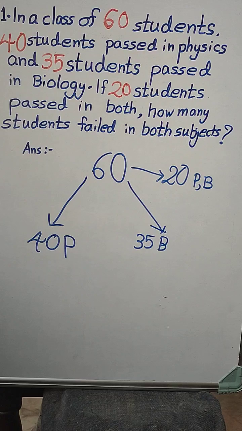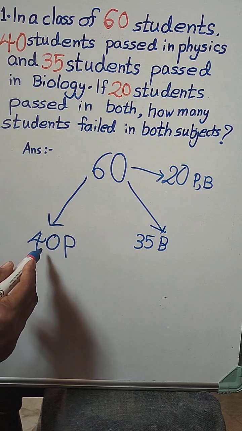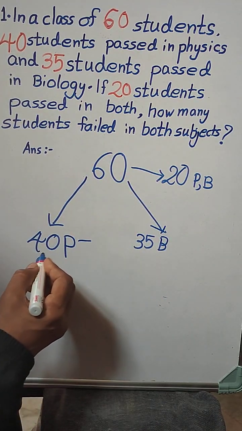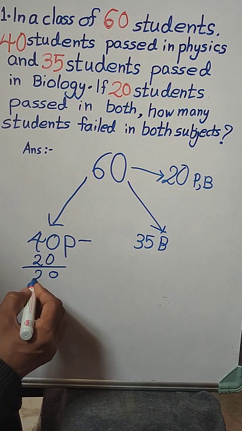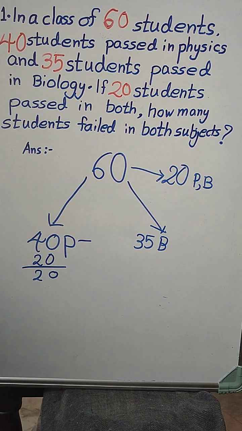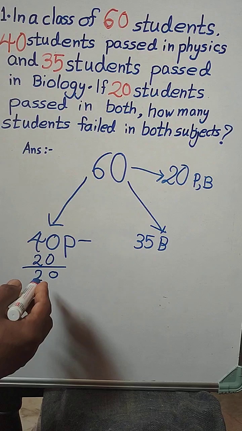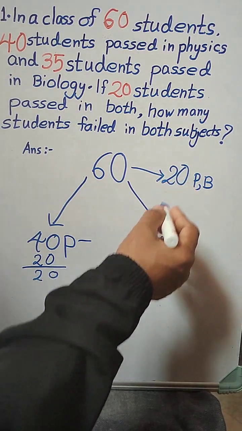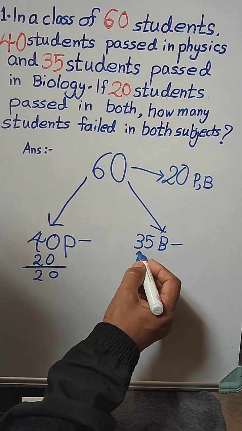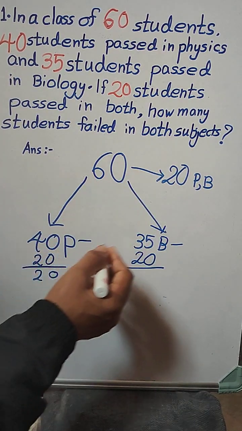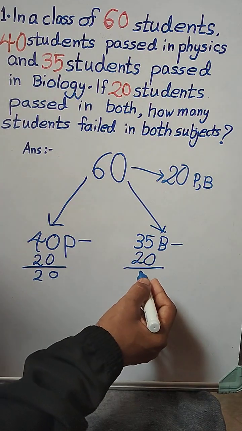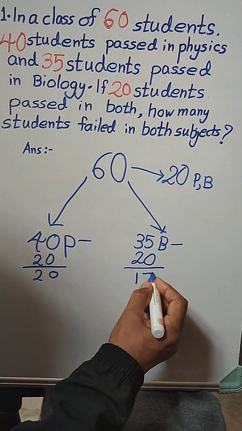Here 40 minus 20 is equal to 20. Here 35 minus 20 is 15.